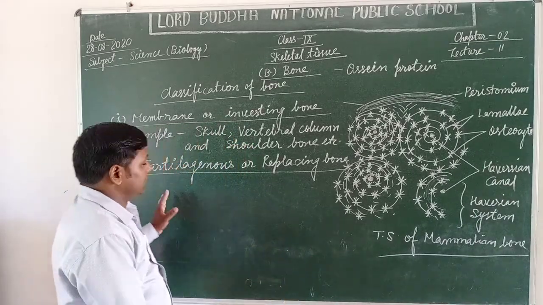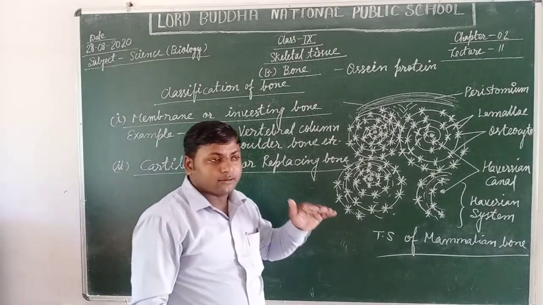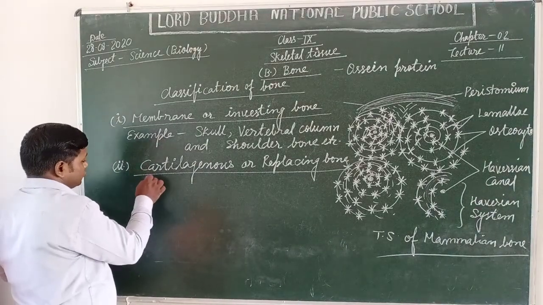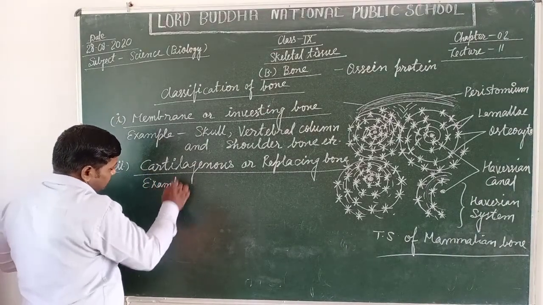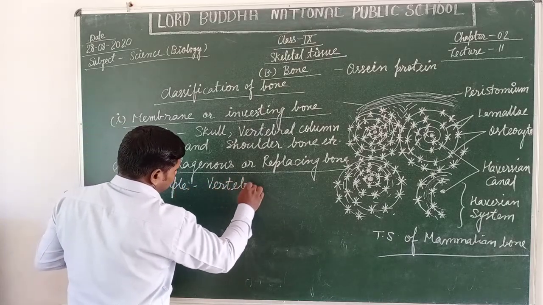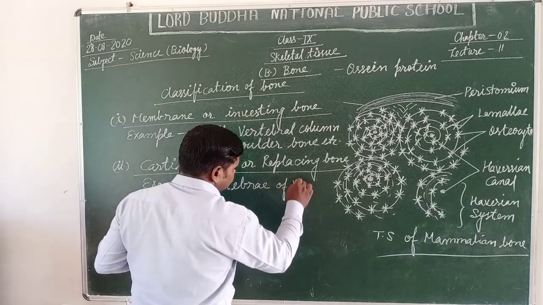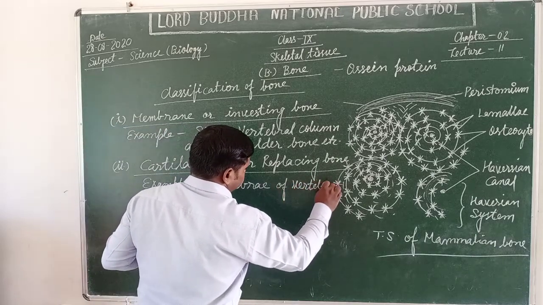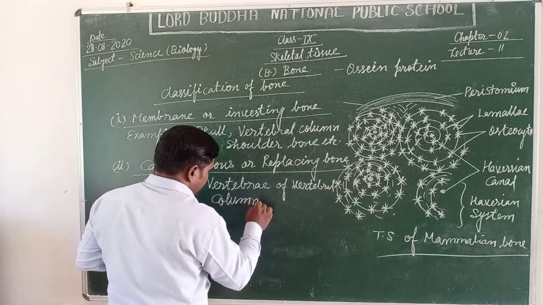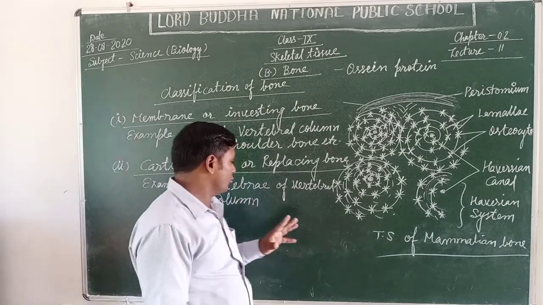Yes, students, if you take an example of such kind of bones, then each vertebra of the vertebral column is the best example of cartilaginous or replacing bone.